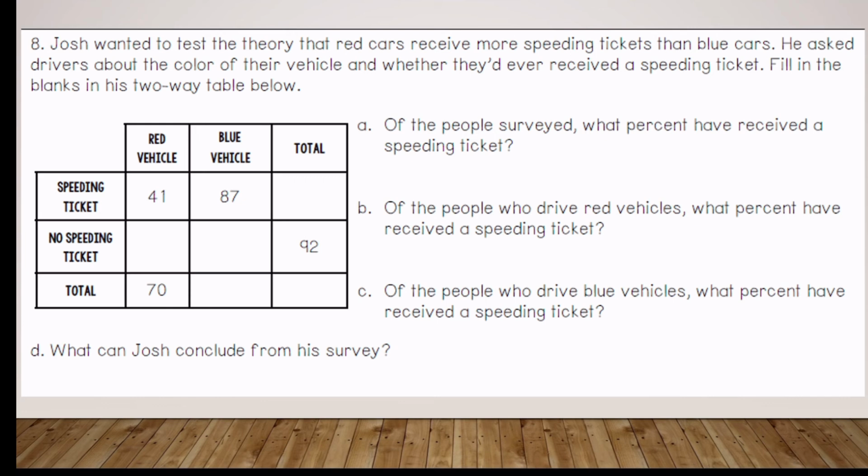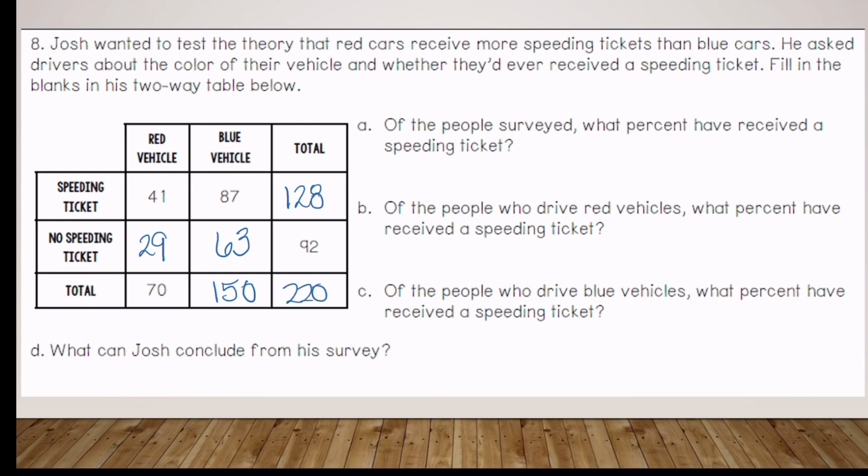So he did a survey. So let's fill in our two-way table. We should have 128 here. So there were 128 speeding tickets. 29 that have a red car didn't get one. 63 did not get one that had a blue car. So we fill in 150 here, and this is 220.